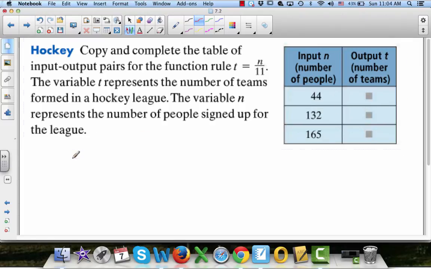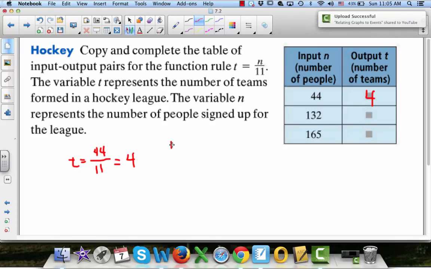So we come over here and we go T equals. And instead of N, we're going to put 44. So it would be 44 over 11, which would be 4. And so we come over here and we put 4.